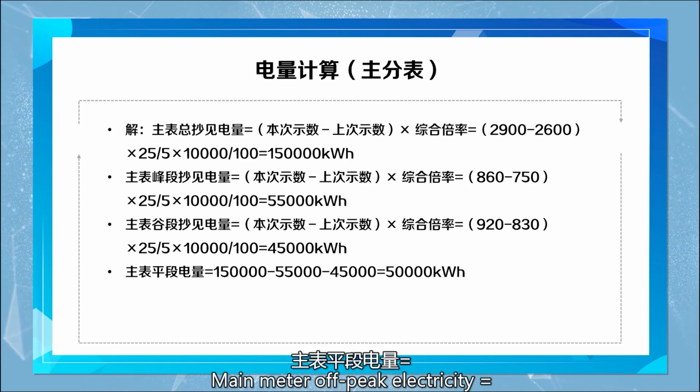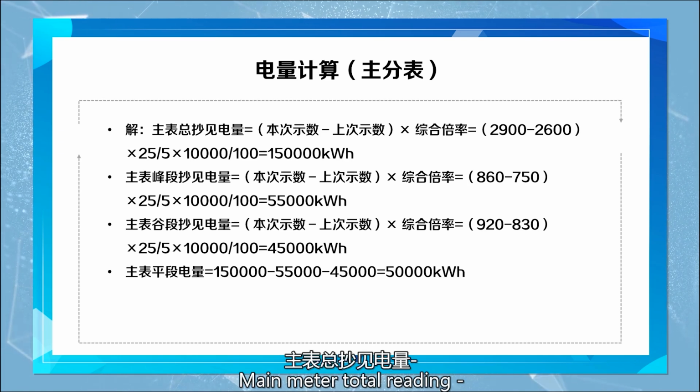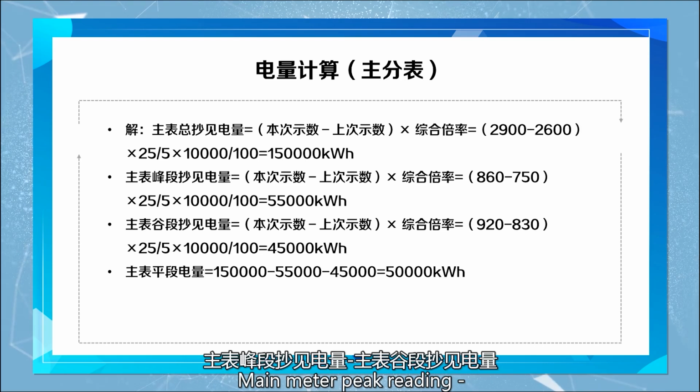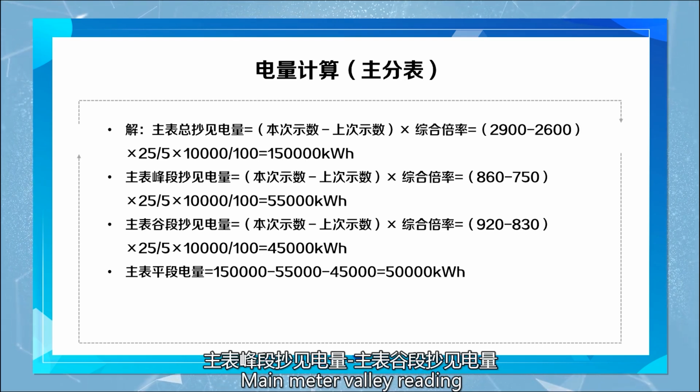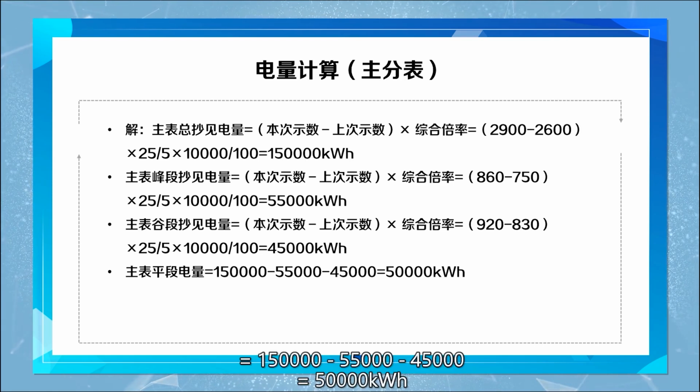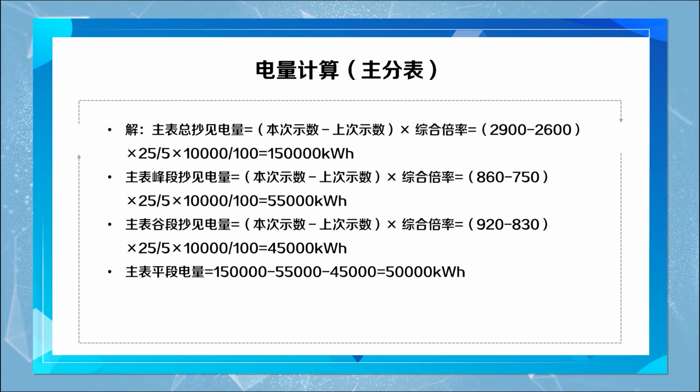Main meter off-peak electricity equals main meter total reading minus main meter peak reading minus main meter valley reading equals 150,000 minus 55,000 minus 45,000 equals 50,000 kilowatt-hour.